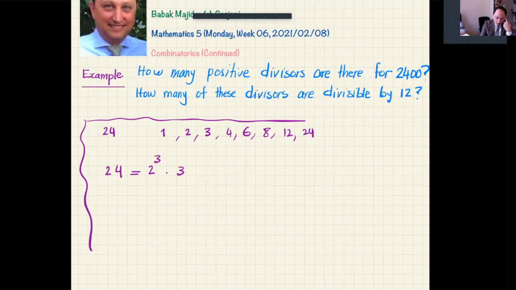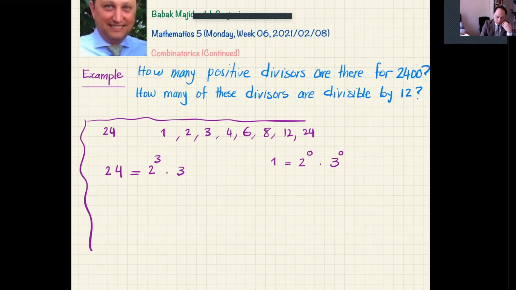But now let us look where this 1 comes from. The 1 can also be written as a product of these two primes. But if I want to produce 1, there is only one option for me: write 2 to power 0 and 3 to power 0. So even though we never write 1 in this fancy way, you need to come up with a strategy in order to be able to solve the problem.